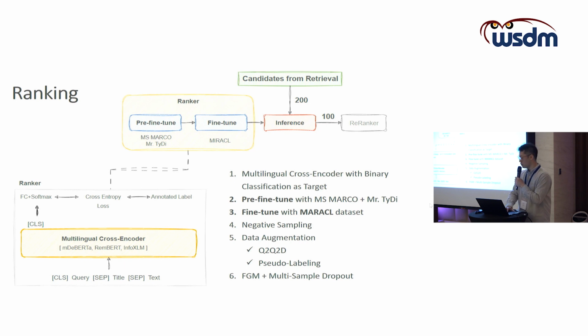Additionally, to prevent overfitting, we also use adversarial training and multi-sample dropout to improve the robustness of the model. After training, we feed the top 200 candidates from the retrieval stage into the ranking model to get a final result.